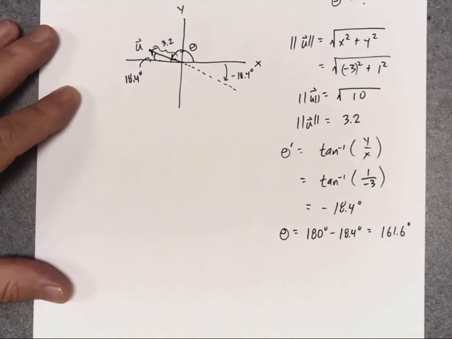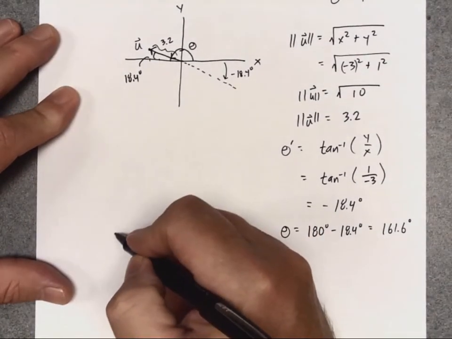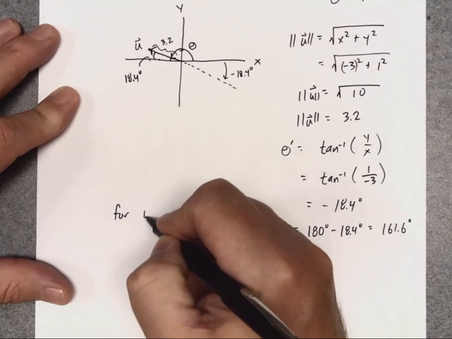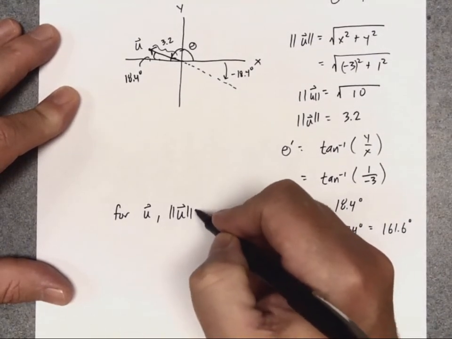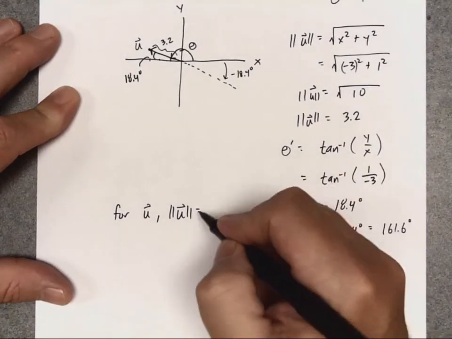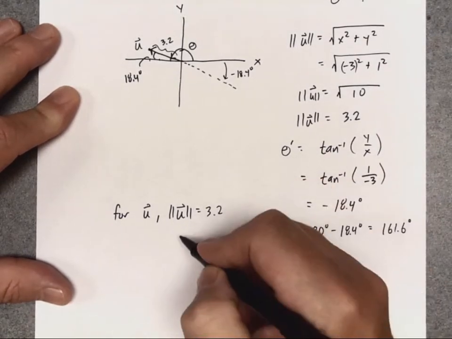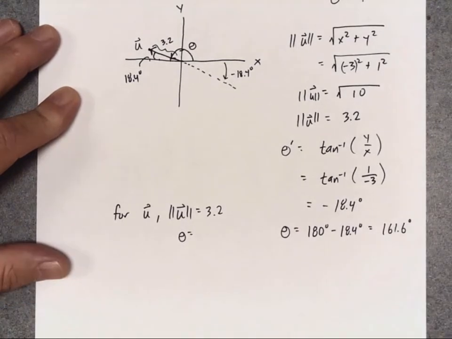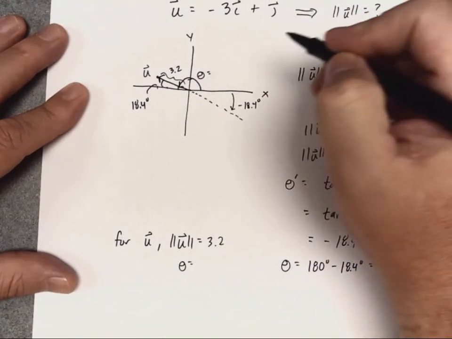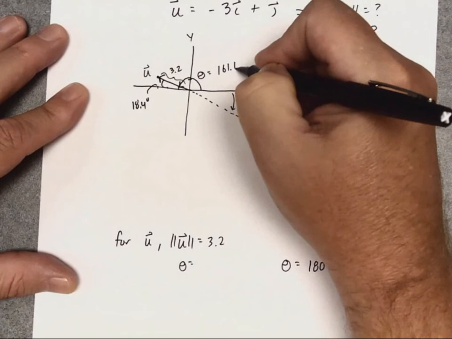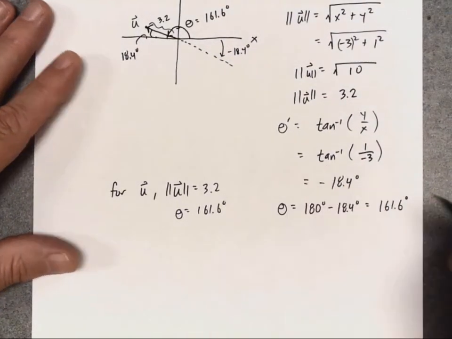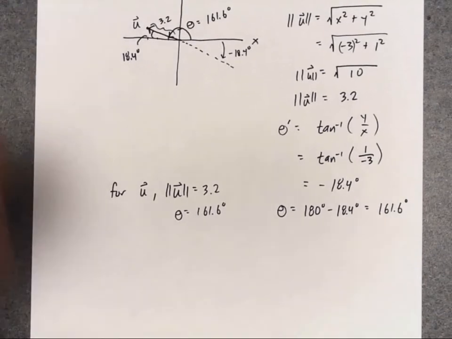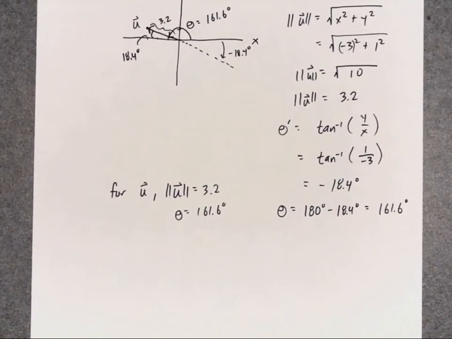That looks reasonable. So for vector u, the magnitude is 3.2 and the angle is 161.6 degrees.